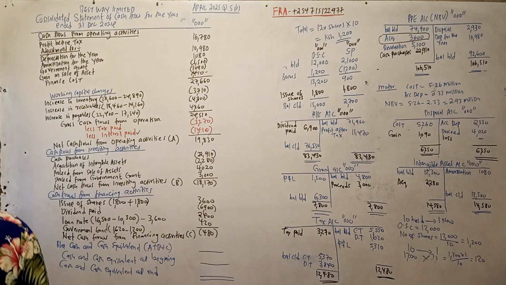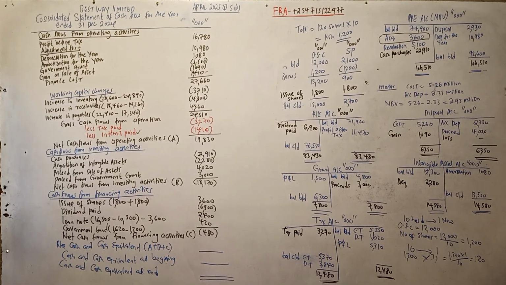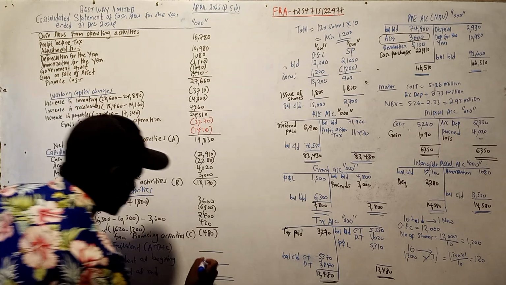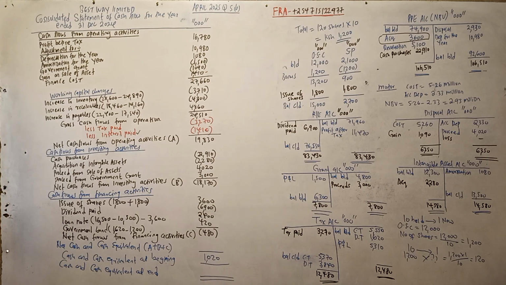If you go back to our balance sheet, the cash and cash equivalent at the beginning, the balance for the cash in the current assets, is 1020. At the end it is supposed to be 2200.